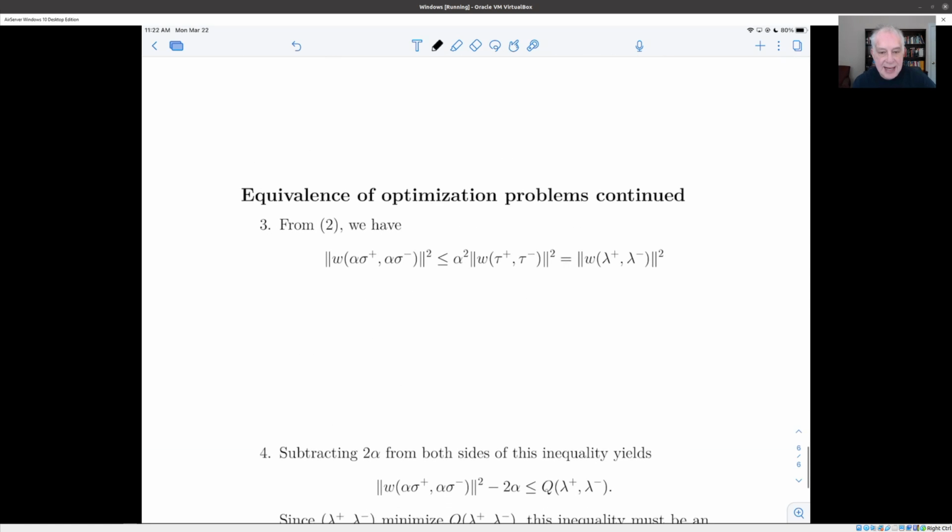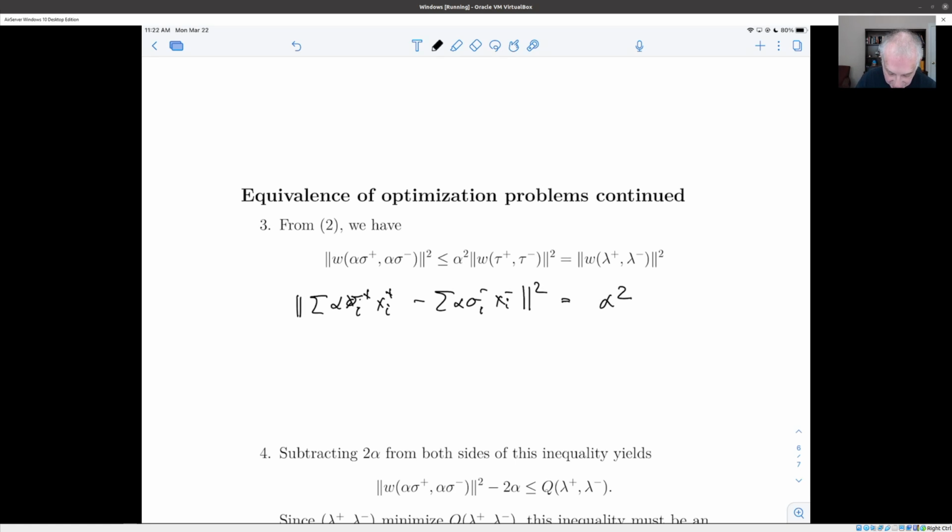Now we use the fact that there's a kind of homogeneity. If you take w of alpha sigma plus alpha sigma minus, then remember what this is. This is the norm of the sum of alpha sigma i plus xi plus minus the sum of alpha sigma i minus xi minus. And when you multiply the vectors by alpha in the norm, you can pull out an alpha squared.